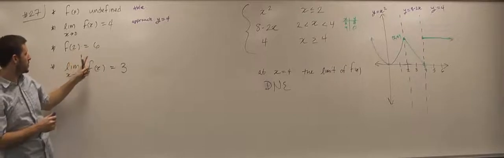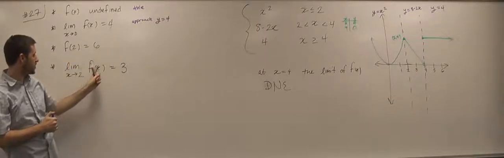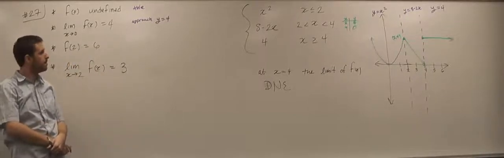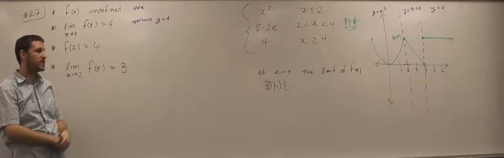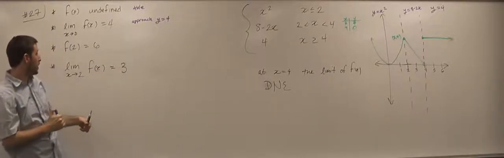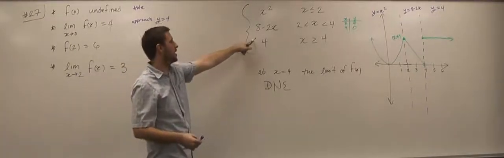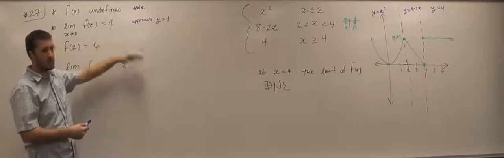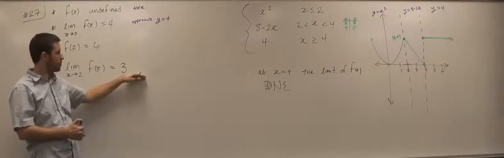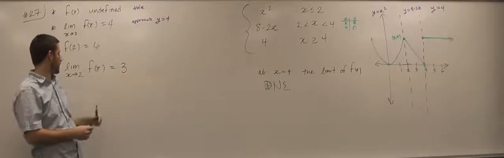What about f of 2 equals 6 and then the limit as x goes to 2 of f of x equals 3? Piecewise. Yeah, you would have to use a piecewise equation to write it, but as far as what happens on the graph, it can find a line and it goes to 3, but the point's at 6.